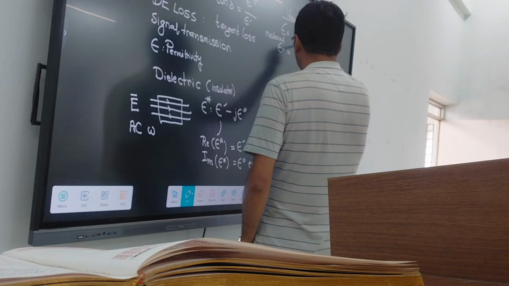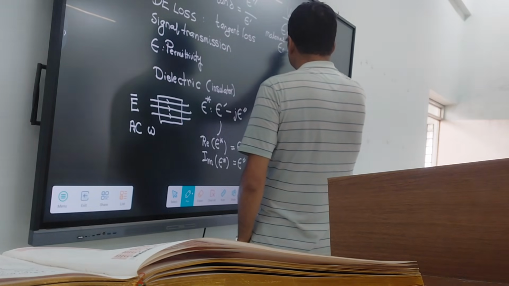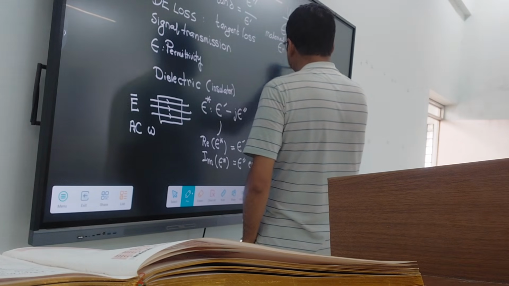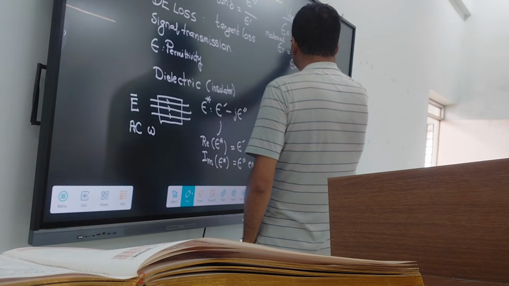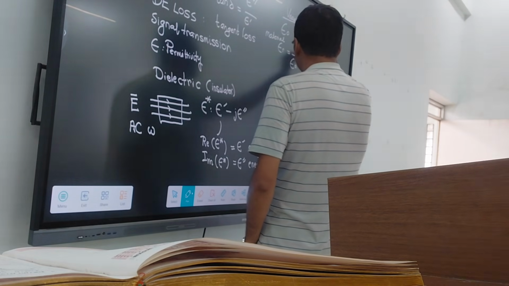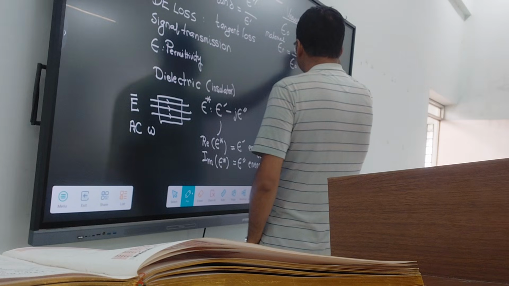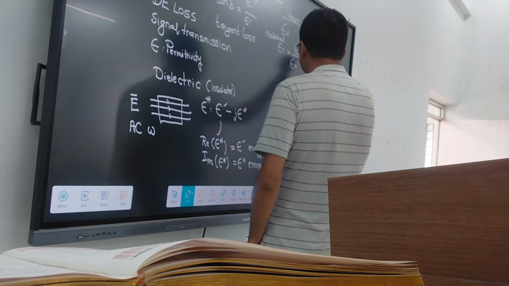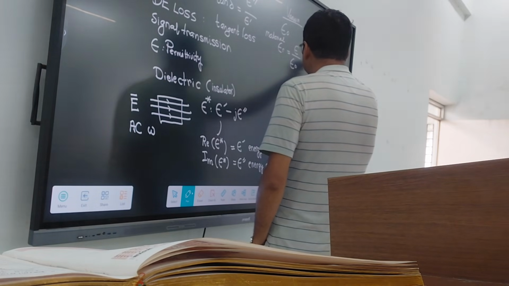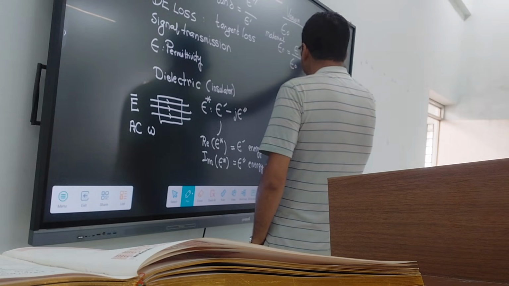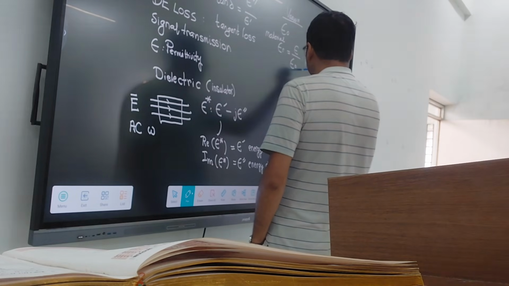It is the ratio of epsilon to epsilon 0, and this is called the relative permittivity, or it is also called the dielectric constant.